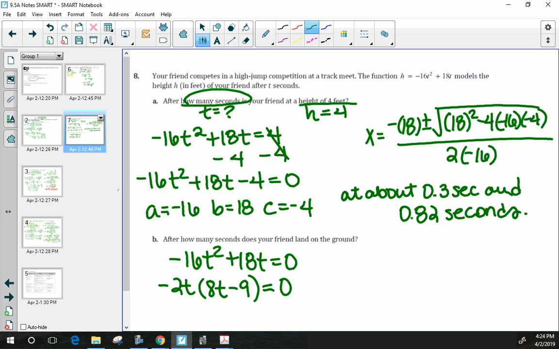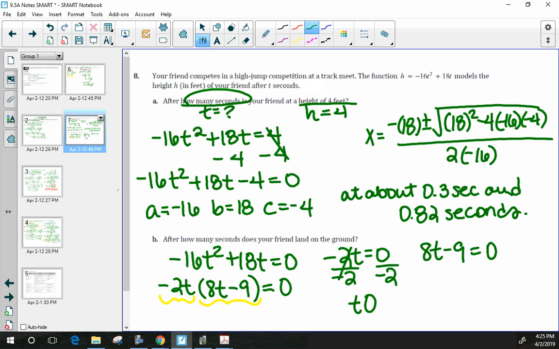So I'm doing factoring here, and then I can take each factor and set it equal to 0. The zero product property says I can take this times this. If those two things equal 0, then either negative 2t is equal to 0, or 8t minus 9 is equal to 0. And when I solve this, that's still going to be t equals 0.